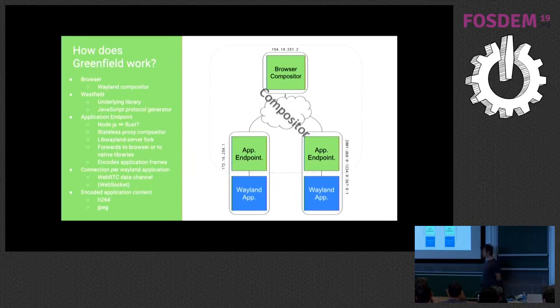You could also implement it in WebSocket, entirely feasible. The encoding of the application frames is done in H.264 or JPEG if you want. However, keep in mind JPEG encoding is quite a bit larger than H.264, so ideally you would only want to use that on a LAN or something like that.